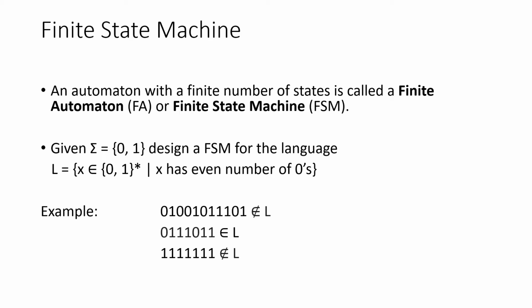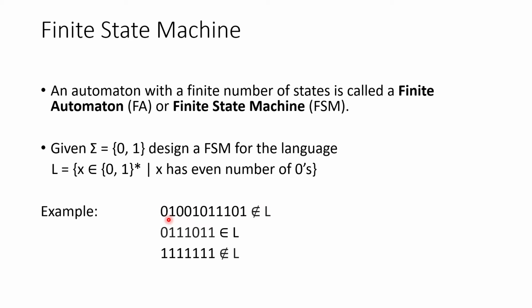That means the input to the finite state machine is a binary string where the string has an even number of zeros. For example, these are some examples we have given.